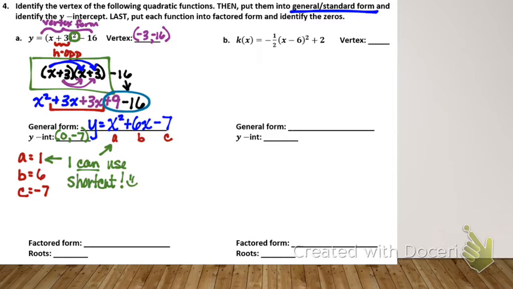We are on the notes page that we started on Friday. So we would multiply our A and C values together. That means I'm multiplying 1 and -7. I need 2 numbers that will multiply to -7, but that will add to a +6.